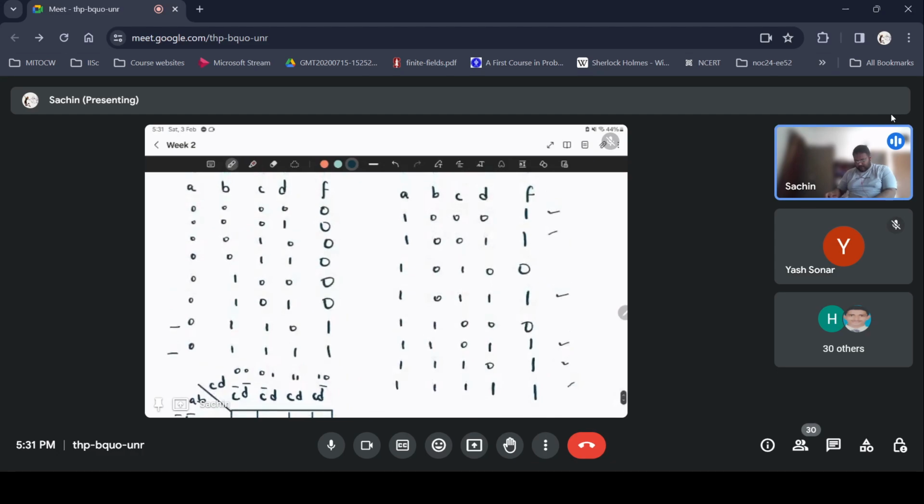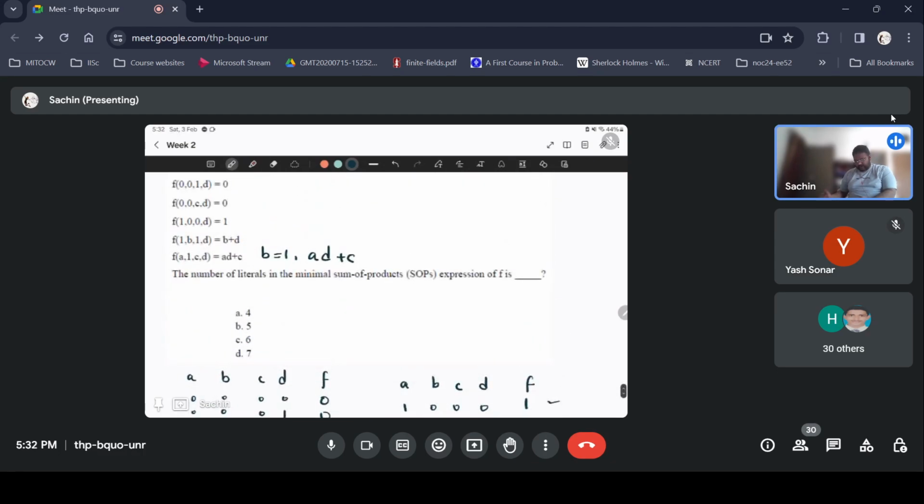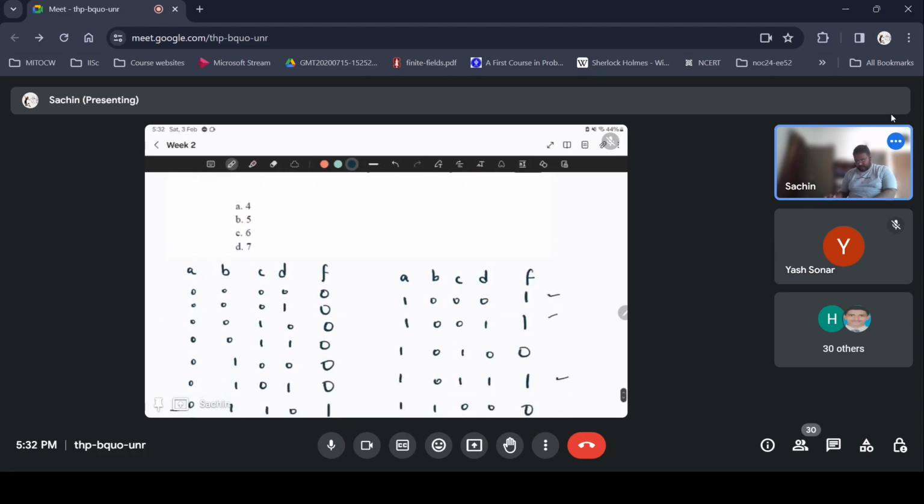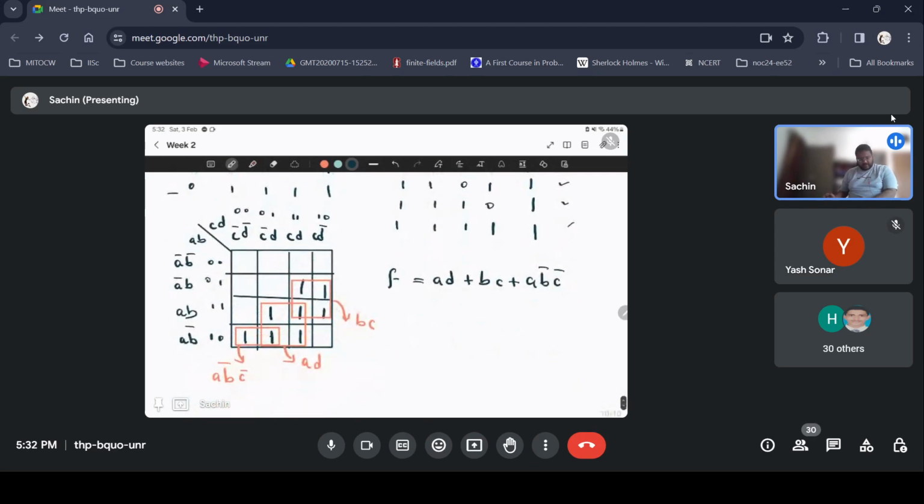And the question they have asked is how many literals are there in this expression. So a literal is just a variable in complemented or uncomplemented form.